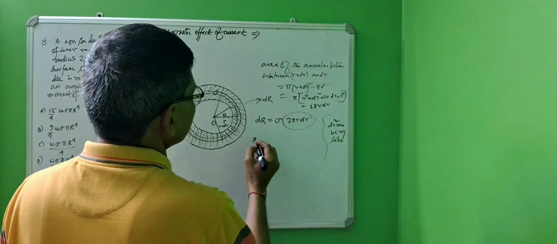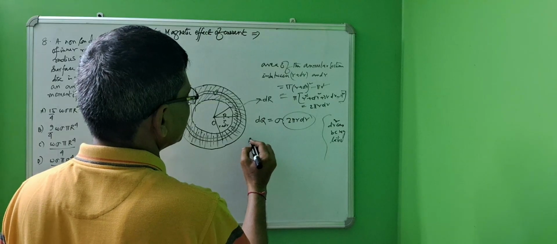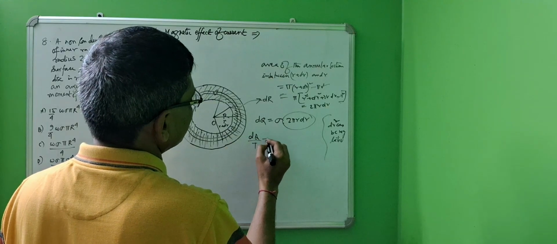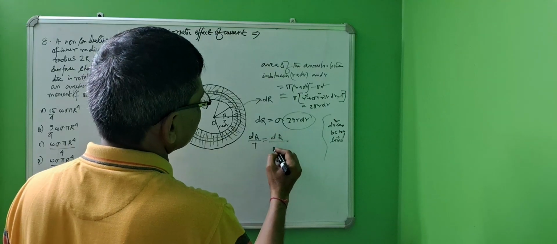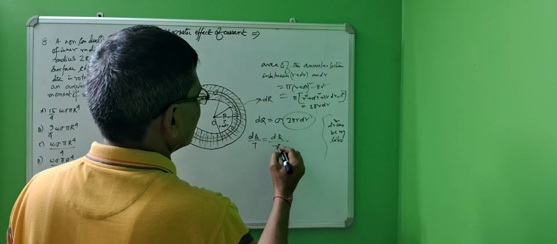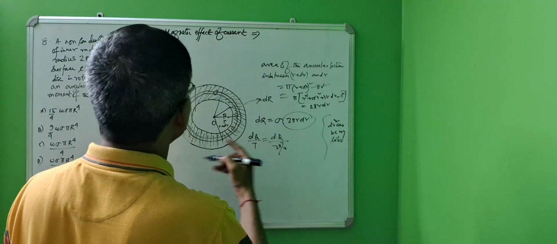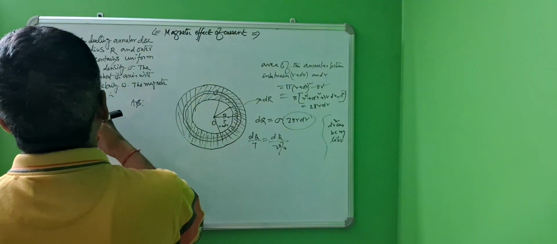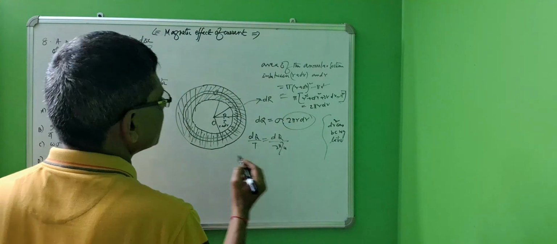Now current equals dq upon t, equals dq upon twice pi by omega, where omega is the angular velocity.